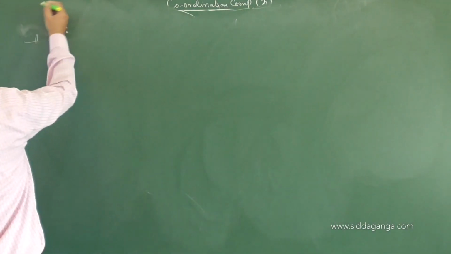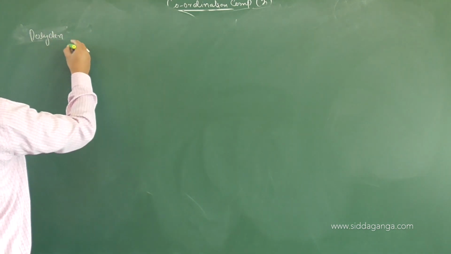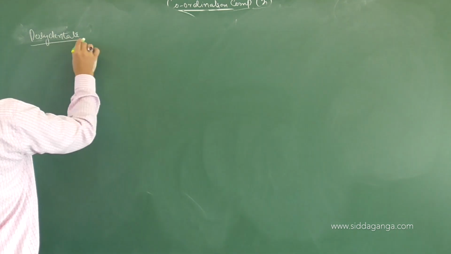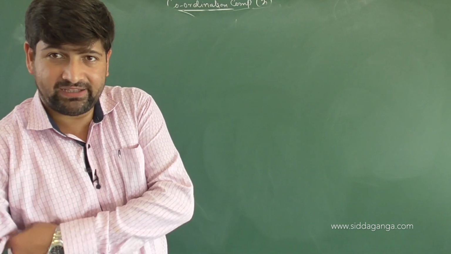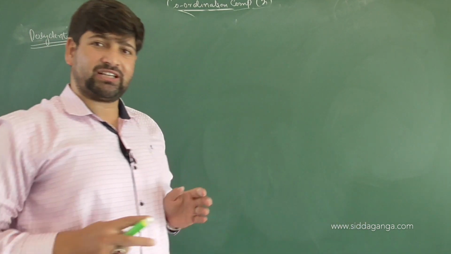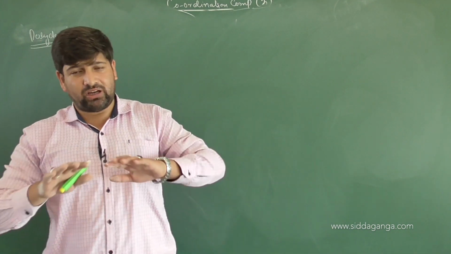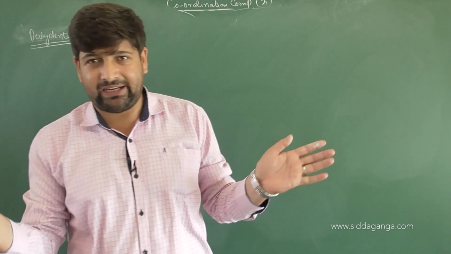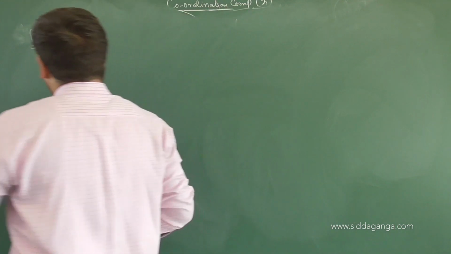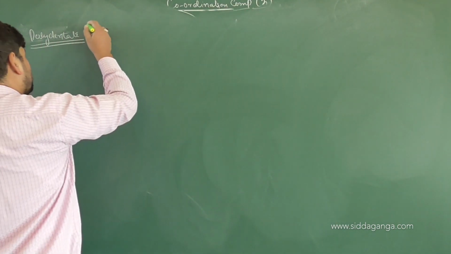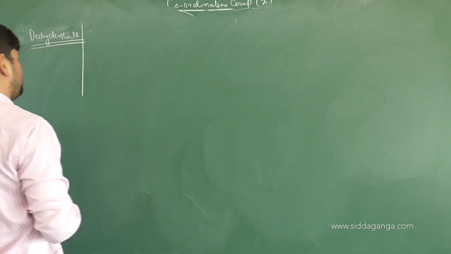Now we are in the polydentate ligand discussion, children. What are polydentate ligands? Those that can donate from more than one place, right? So let me generalize the idea with respect to ligands. I will not take cationic, anionic ligands into consideration now. I will talk about general polydentate ligands. In that we can divide further into whether it is neutral, positively charged or negatively charged. A polydentate ligand can donate from more than one place. Yes or no? Clear?